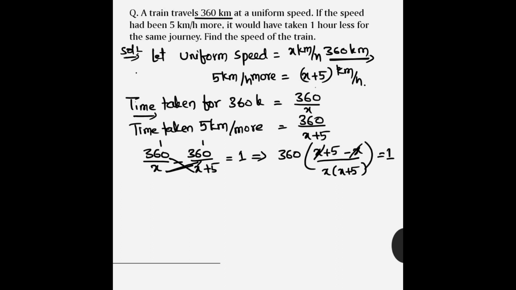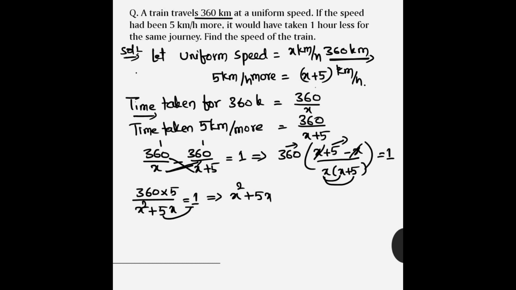So plus x and minus x get cancelled, and 360 into 5 will remain in the numerator, divided by x square plus 5x, is equal to 1.